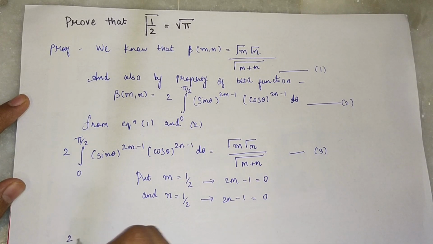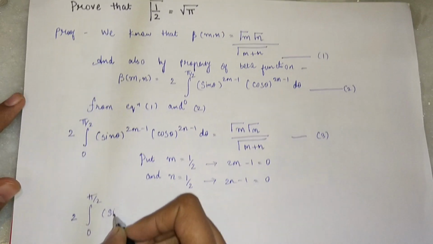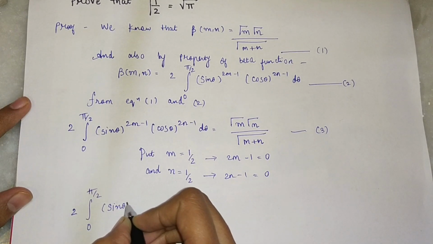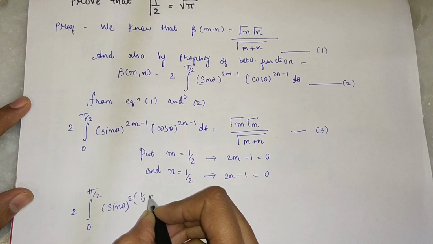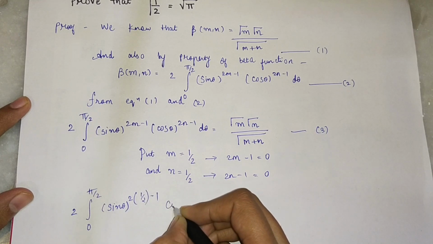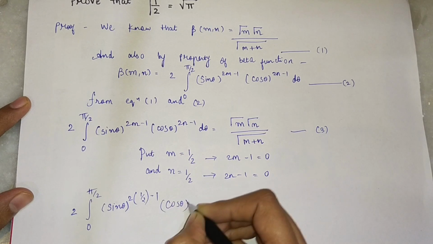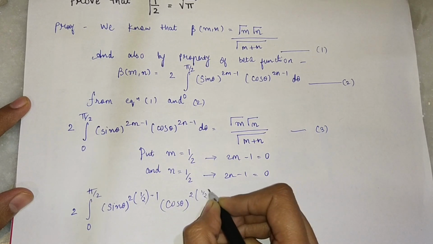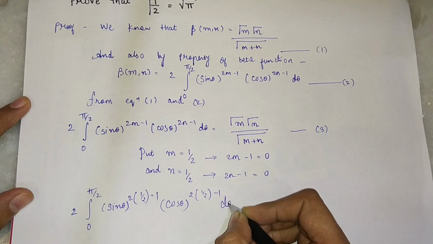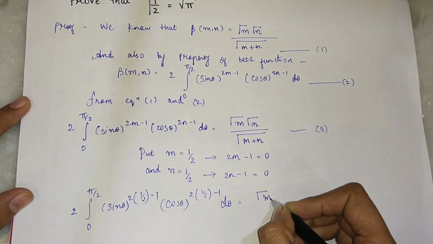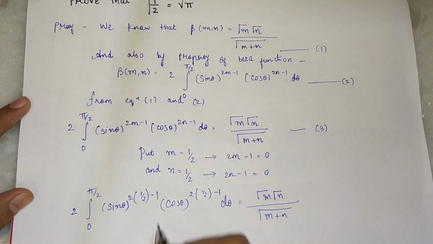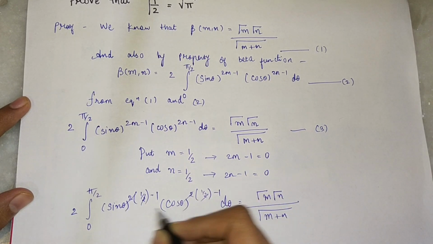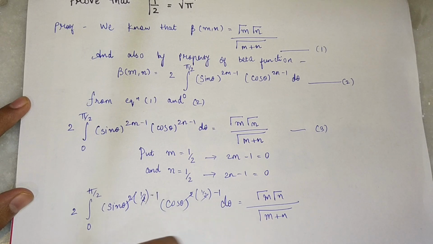Then we get 2 integral 0 to pi by 2 sine theta raised to 2 times 1 by 2 minus 1, cos theta raised to 2 times 1 by 2 minus 1 d theta, that is equal to gamma m gamma n divided by gamma m plus n. Now this 2 and 2 get cancelled, and 1 minus 1 is 0.